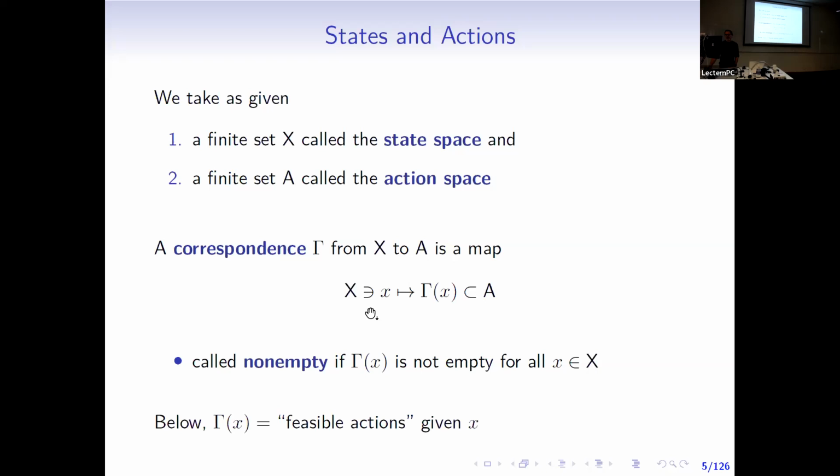And in this setting, a correspondence gamma from states to actions is going to be a map that takes an X, a state, and gives us a subset of the set of all actions. And the interpretation of this subset of the action space is going to be the set of feasible actions at this particular state.